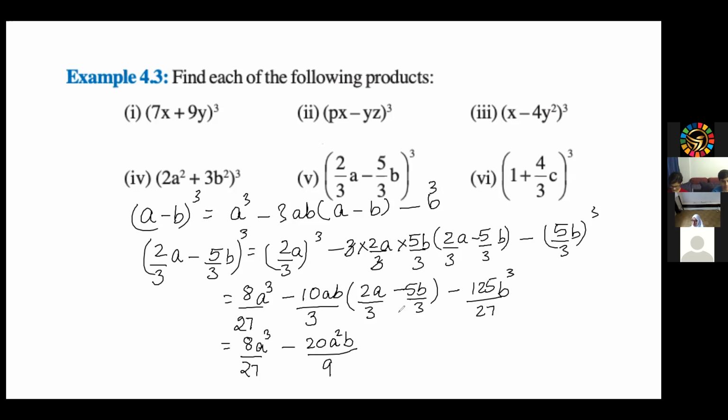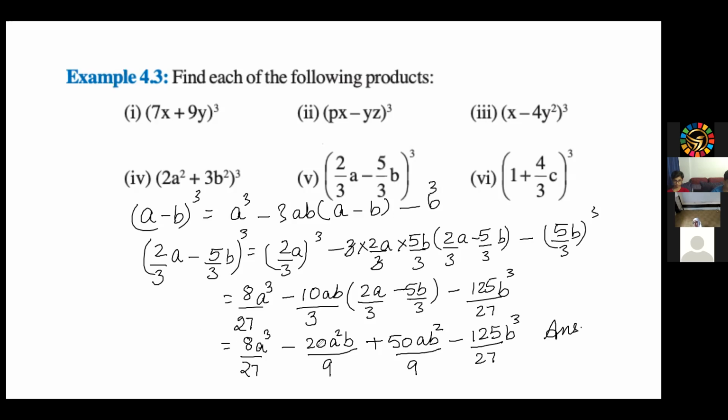Then minus and minus, minus 50, minus and minus becomes plus 50 a b square upon 9. And the last term is as it is, 125 upon 27. Good, Mudabbir. So this is your answer for this question.